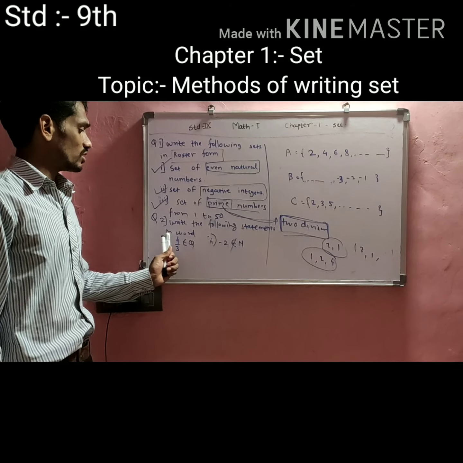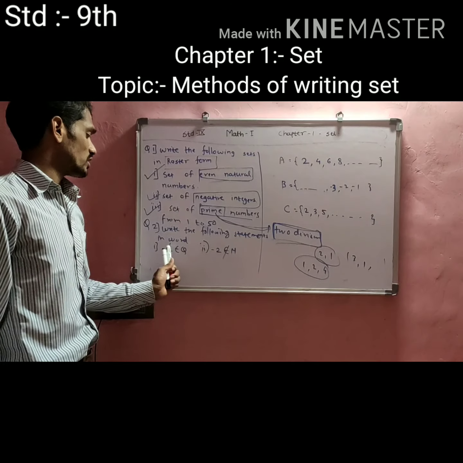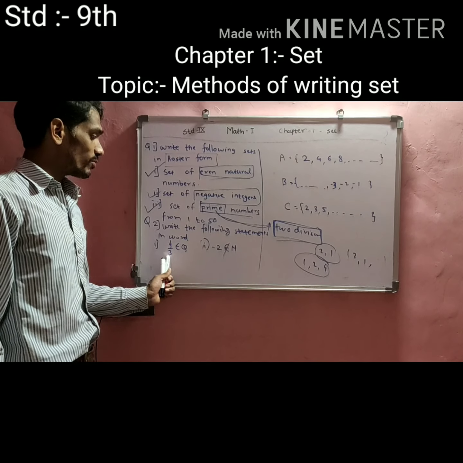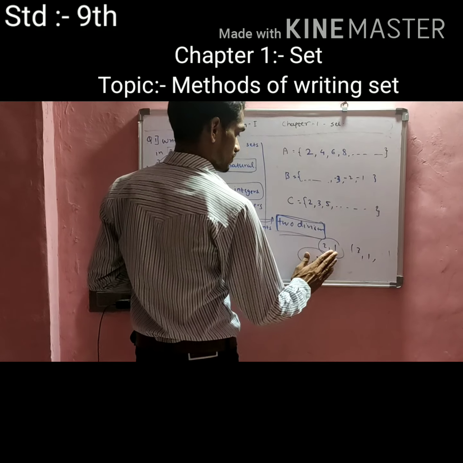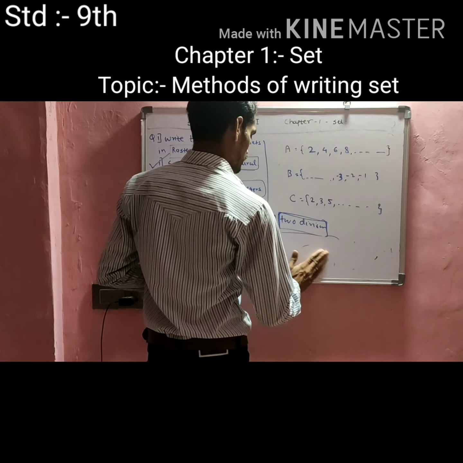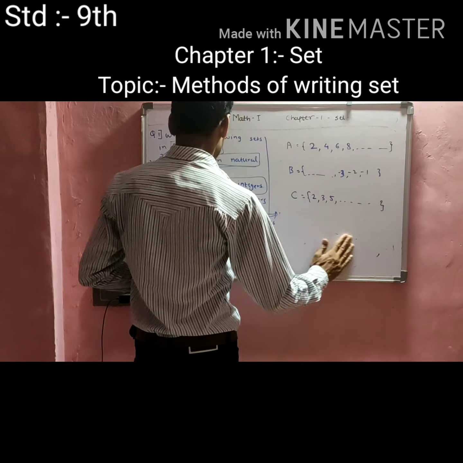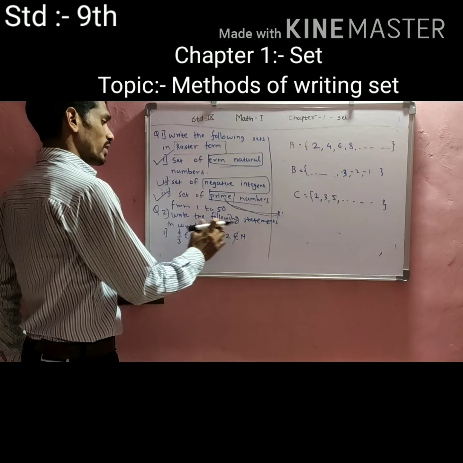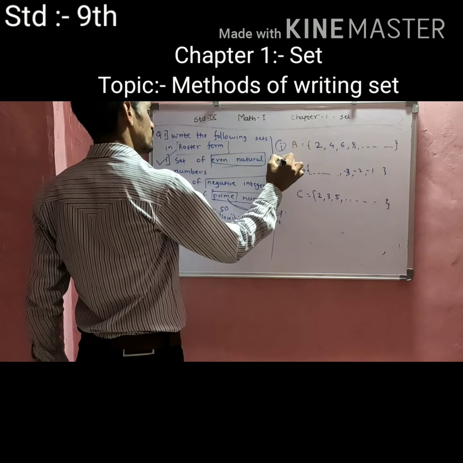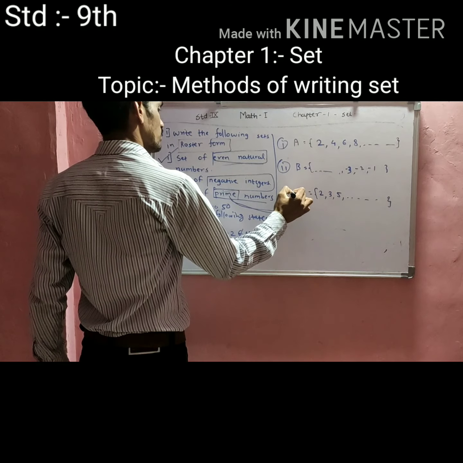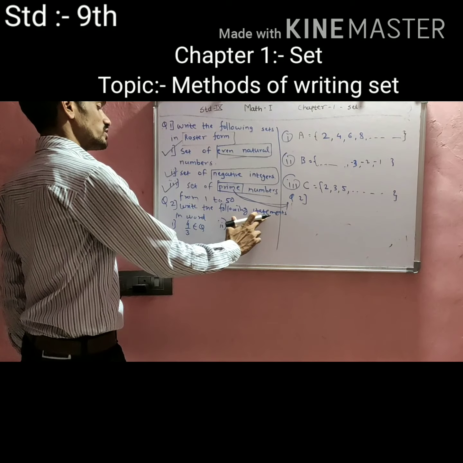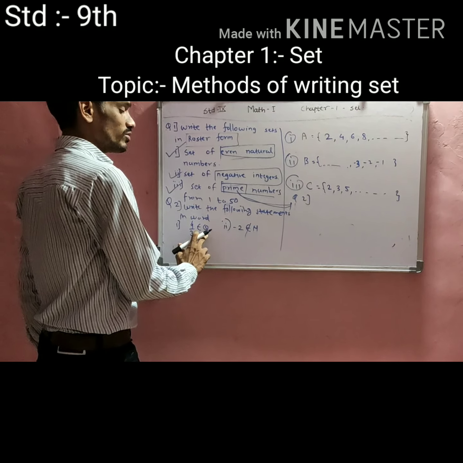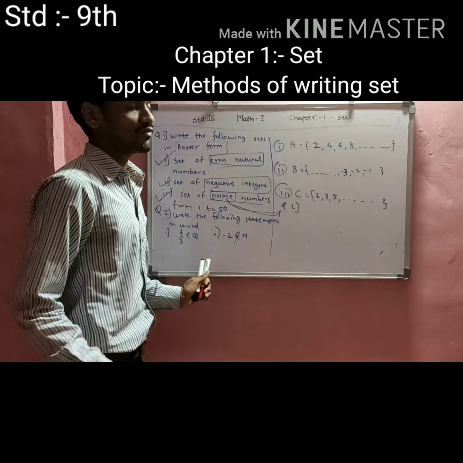Write the following statement in wording form. 4/3 belongs to Q. This is question number two. 4/3 belongs to Q. We have to write it in wording form.